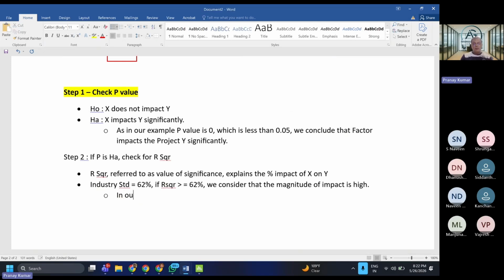In our example, R square is 8 point some percentage. We shall not consider the magnitude as high enough.